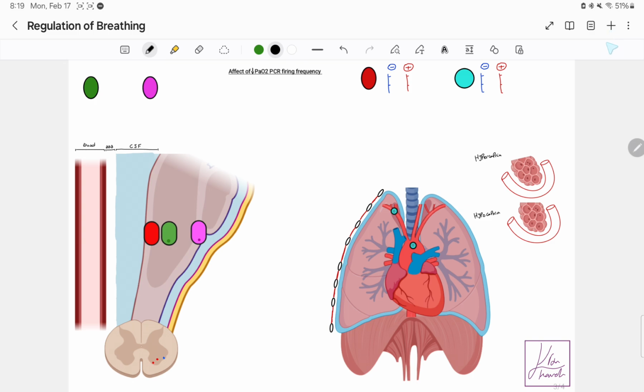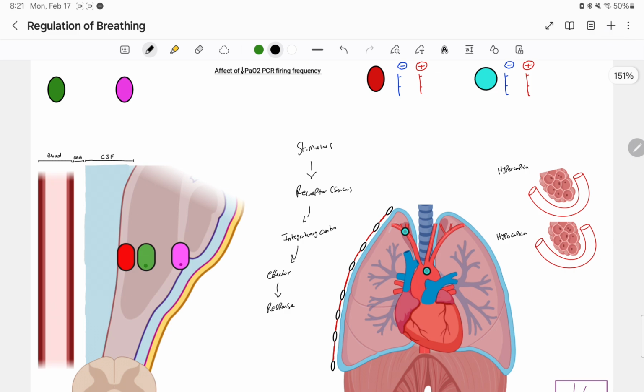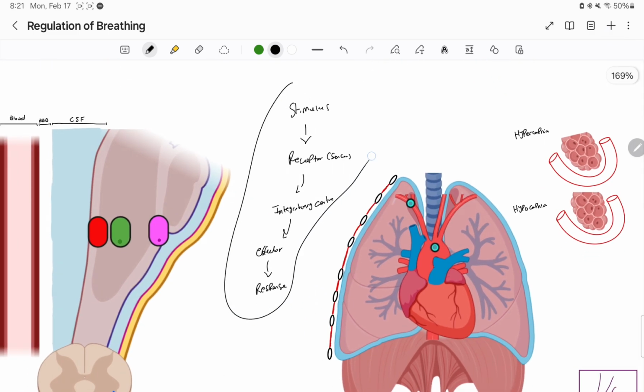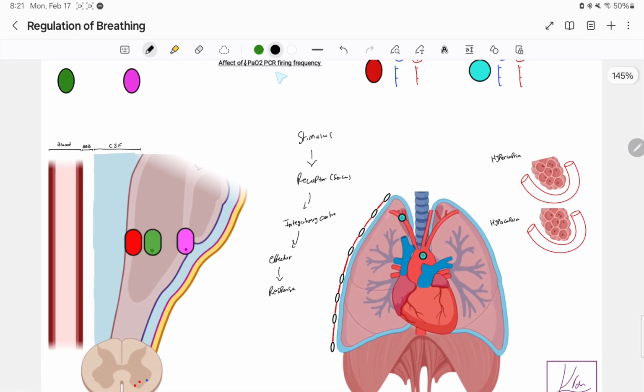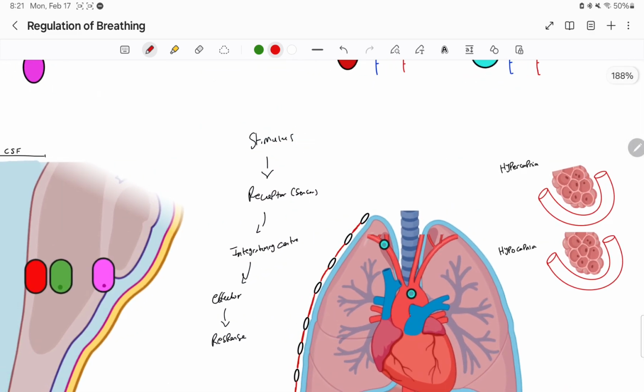And let's get started. So before we get to talk about any of these things, I want you guys to just realize what we're going to talk about today, okay? So first things first, here's going to be the schematic of what we're going to talk about. I've gone ahead and just drew this out real quick. Here is the kind of pathway we're going to follow for today, okay? There will be an initial stimulus, okay?